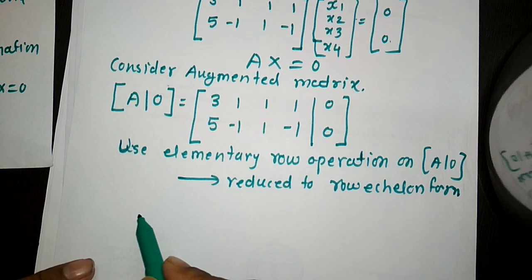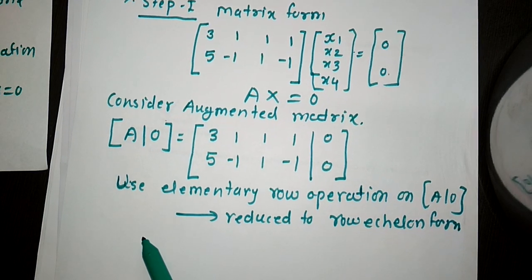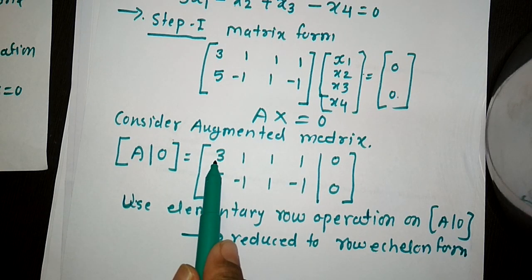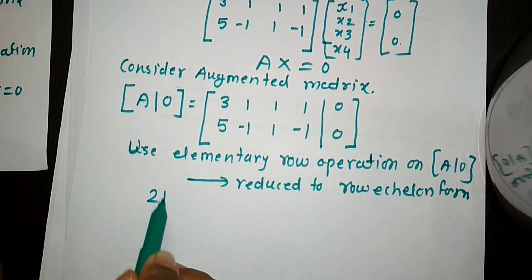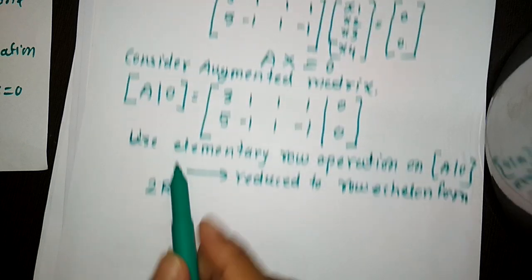Okay, so how to convert into the row echelon form? First, I multiply the first row by 2. So 2 times R1, because it becomes a 6.